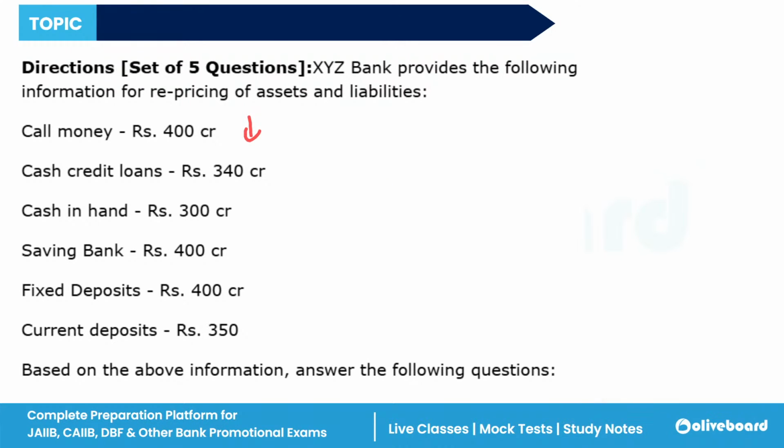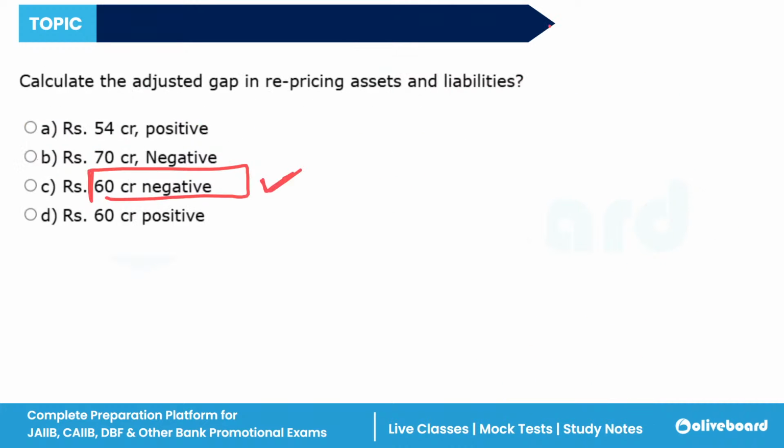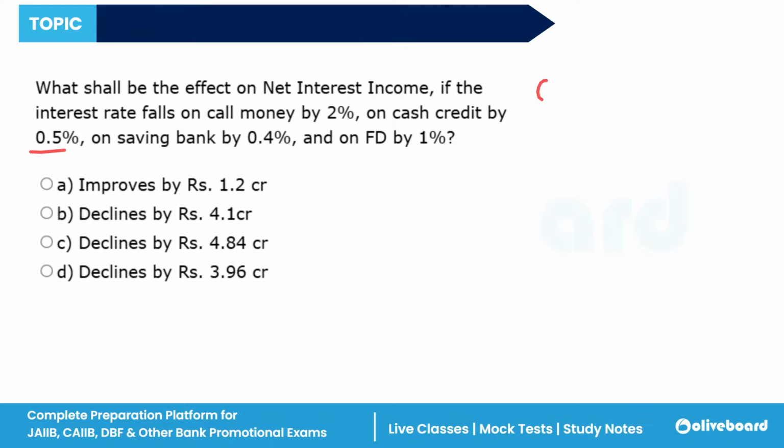If I give you the overview of this question, here I can write all the things. First one, call money. Call money amount is near about 200 crore, right? Sorry, 400 crore or 200 crore? 400 crore. So it is decreased by 2%.